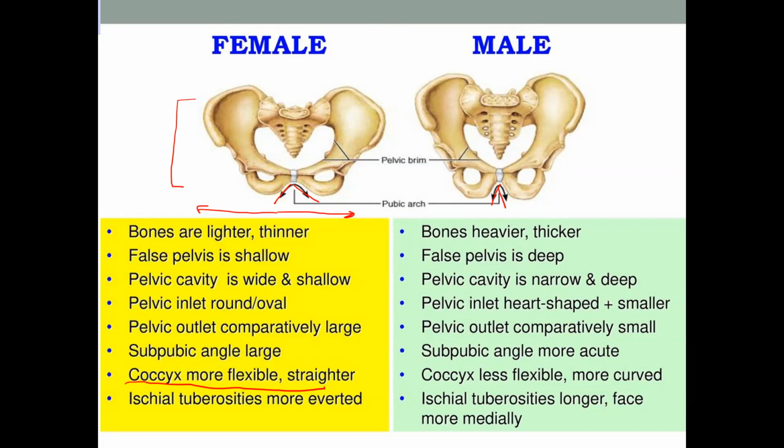Whereas the more narrow angle in the males, of course, is directly correlated with the fact that the male's pelvis is longer than the female pelvis. I'm assuming everybody can see that, right? You can clearly see the male pelvis is taller. Whatever, you can see what I'm talking about, right?